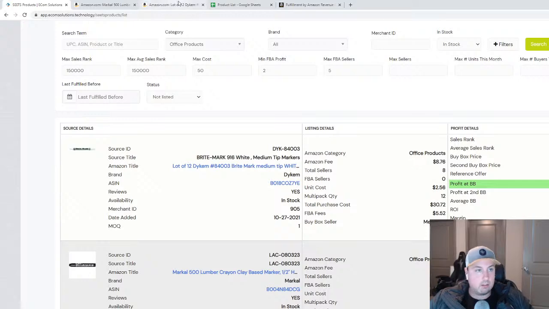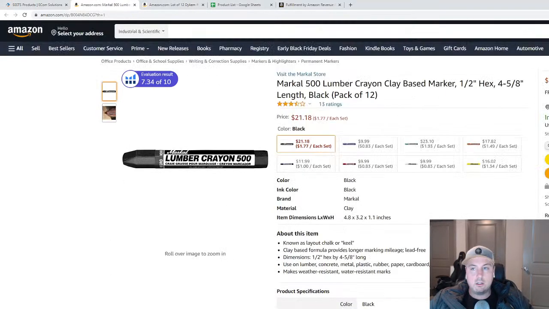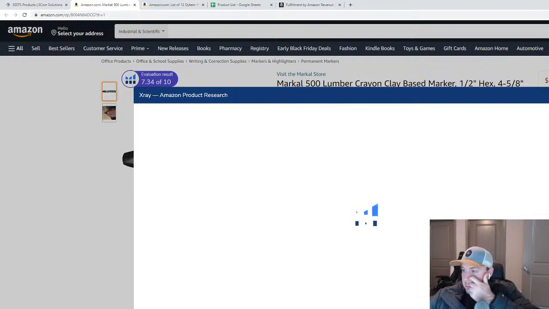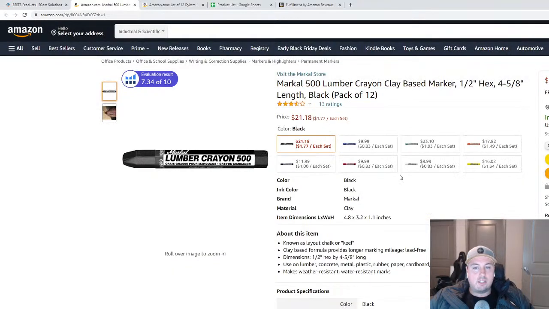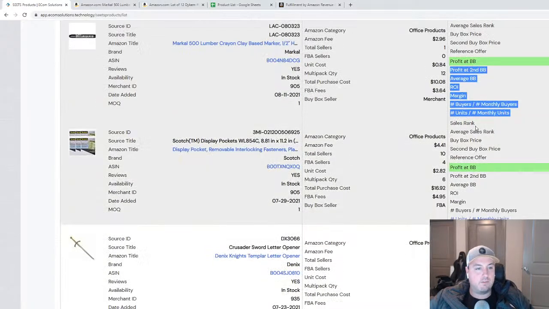So we're making $3. Only sells 13 a month. Not something that I would have in my store. Just too many variations.